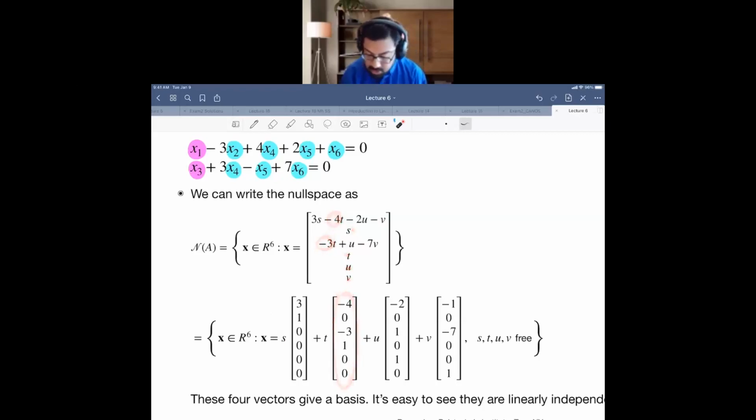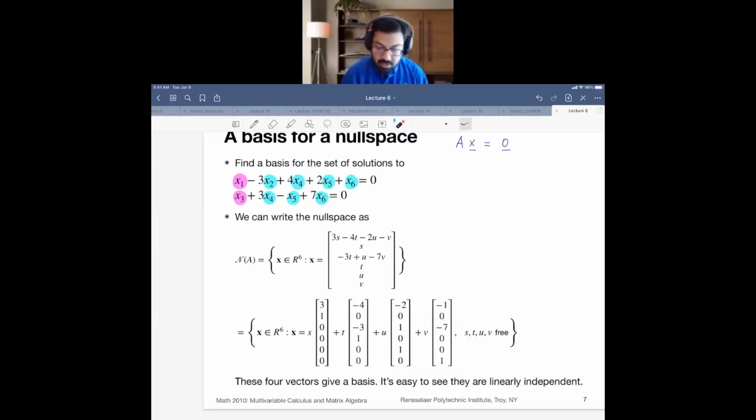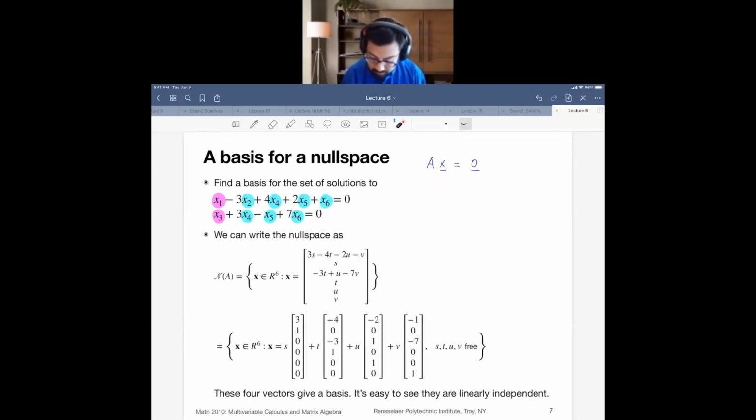Similarly, you have done it for u and v as well. So my null space is going to be s amount of this vector, t amount of this vector, u amount of this vector, v amount of this vector, and you can reach anywhere in my null space. Null space is the solutions to that equation over there.